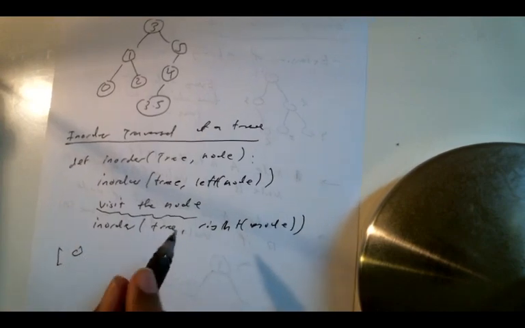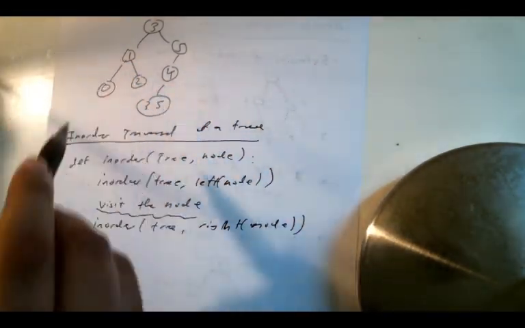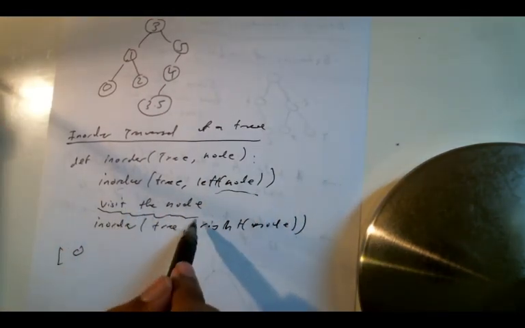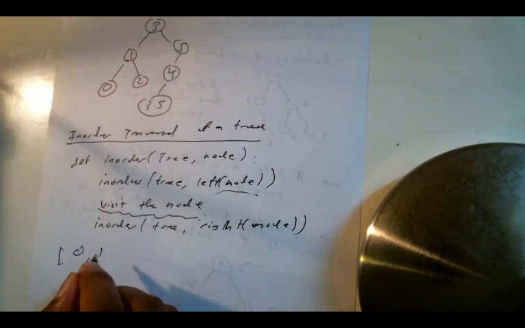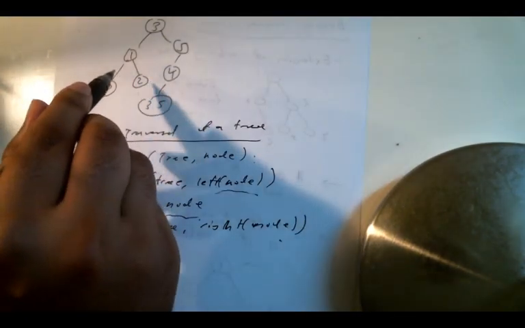And it doesn't have a right subtree. So now we backtrack. For 1, we already visited its left subtree, but we haven't visited the node yet, so we write down 1. Now we can visit the right subtree.